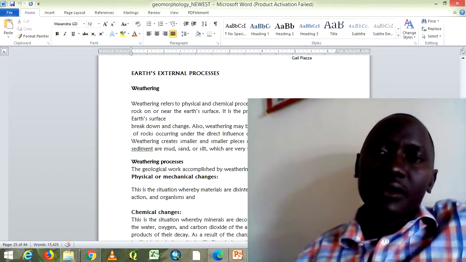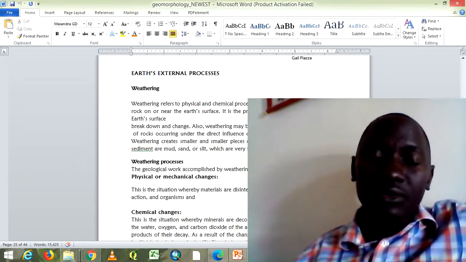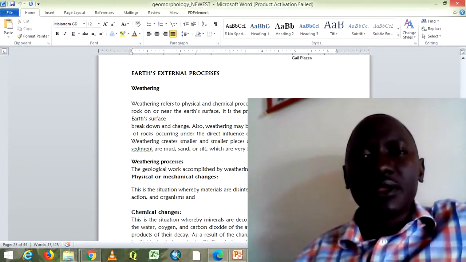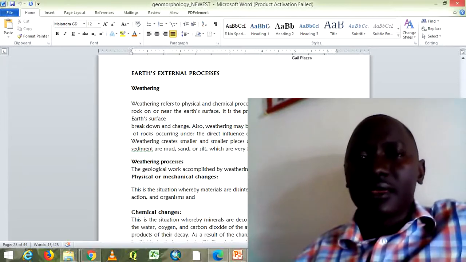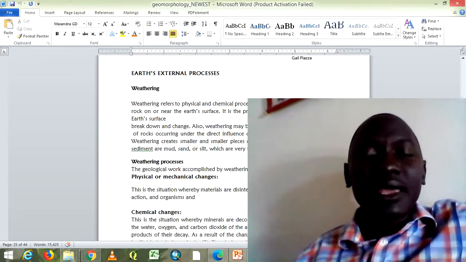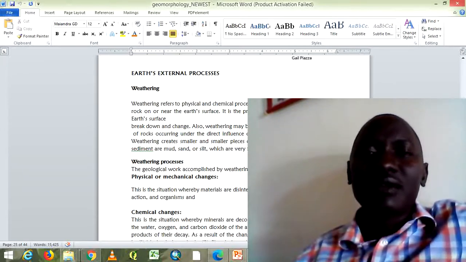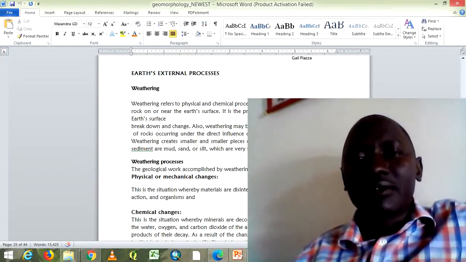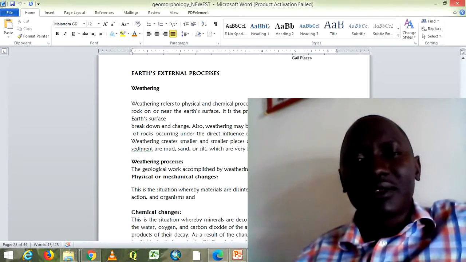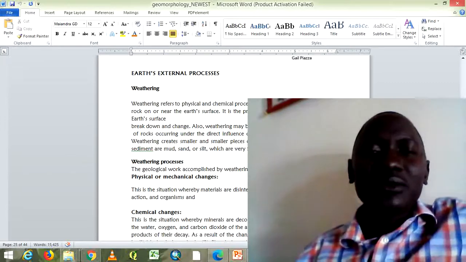When we look at the schools of thought, there are those who believed, for example in historical geomorphology, that what we see today are just remnants of what existed several years ago, implying that after those landforms were formed, certain processes set in play and modified them further to what we see today. That's why even the uniformitarians say that the present is the key to the past, because what we see today are remnants of what existed a long time ago.